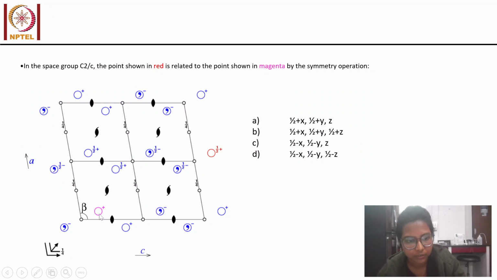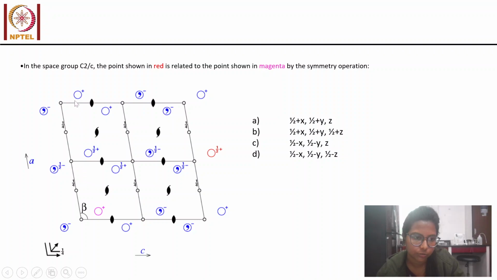So from here, if I have to reach here, at first along x, how many units will I have to move along x? See, this point and this point are related by translation. So this whole thing will be 1 unit.